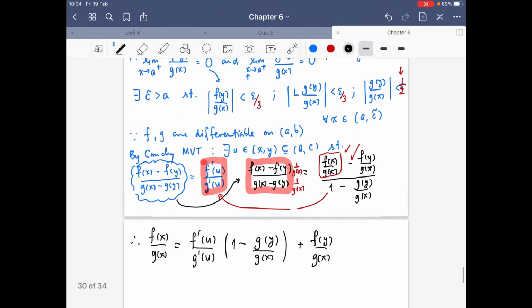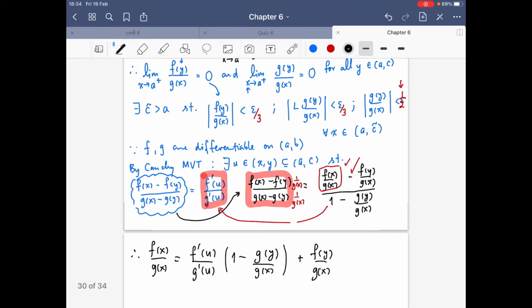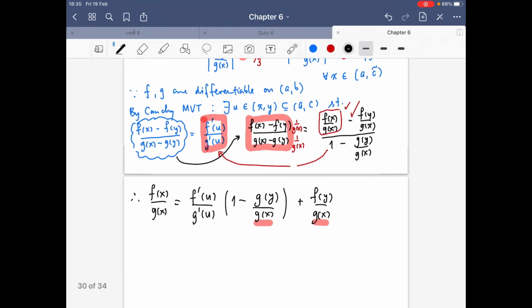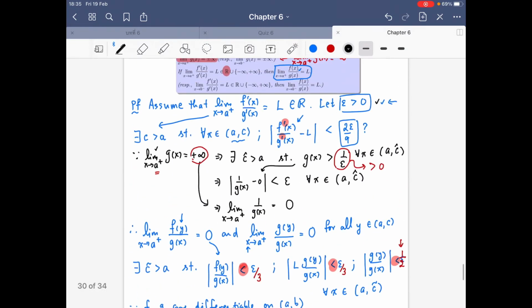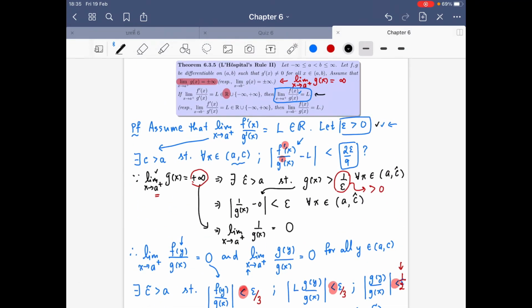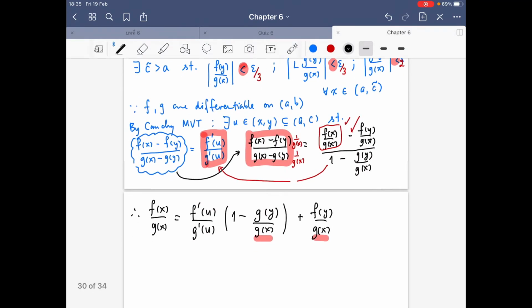You may see now that this is something that you have here. You see all the quotients that you got, except maybe this one, which is still a mystery. What we are going to prove is that the limit of this quotient equals L. So you need to compare this with L, and you subtract L from both sides.